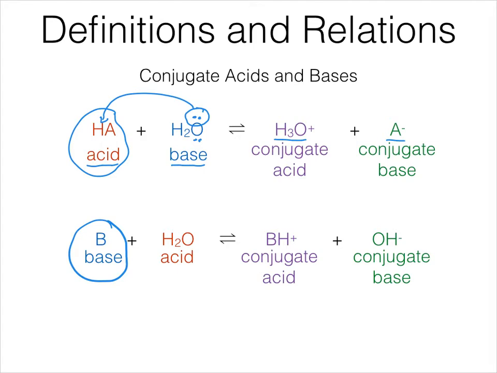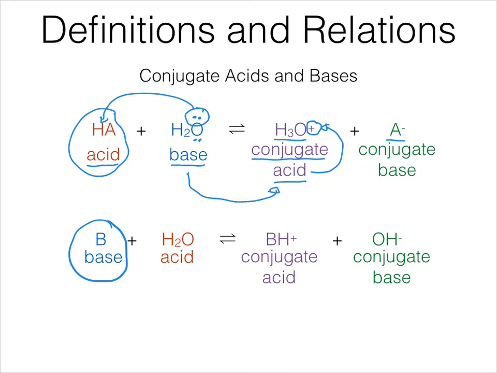Now, we give the name conjugate acid and conjugate base to these products. Notice how a conjugate acid is really still an acid. It still has a plus sign. We know from last time that cations are acids, and we just tack on the term conjugate to indicate that this is the acid that was created when the base gained a proton.